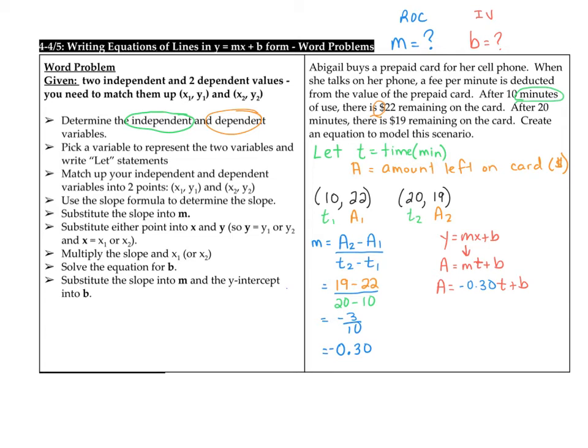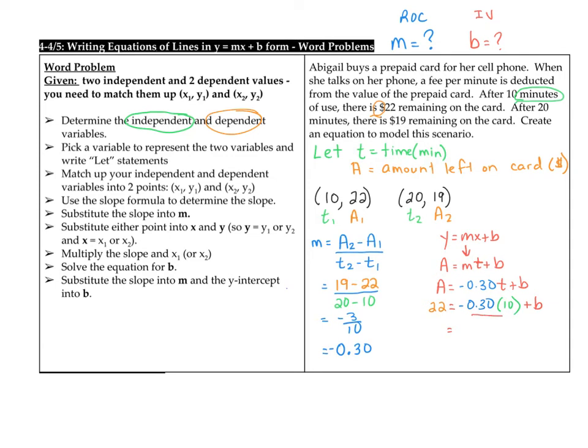So let's just use the first point. So 22 goes in for the A, and that's equal to -0.30, and 10 goes in for the t, plus b.